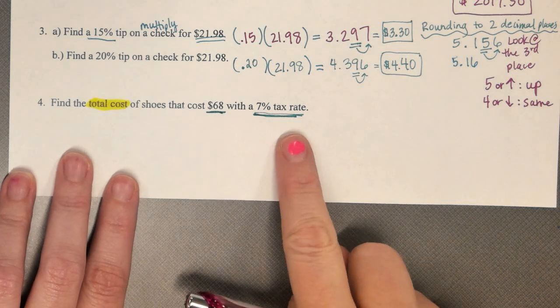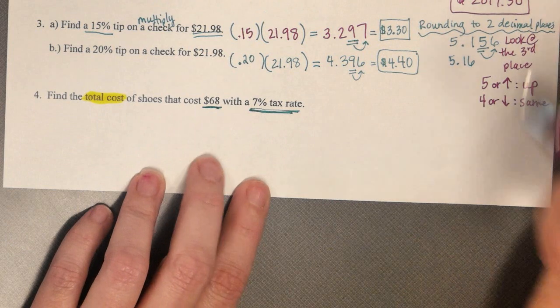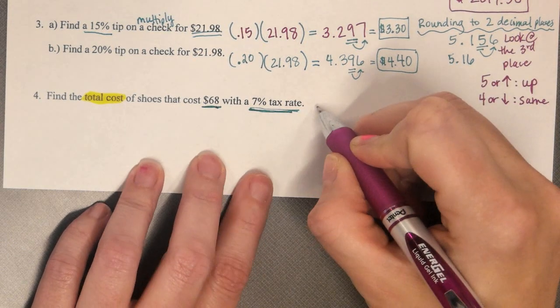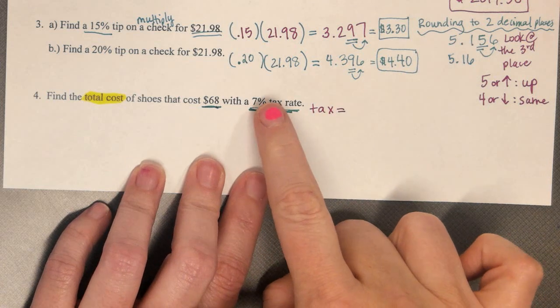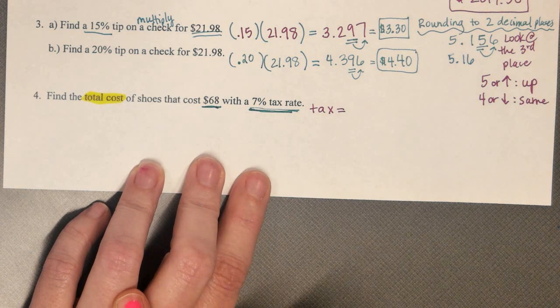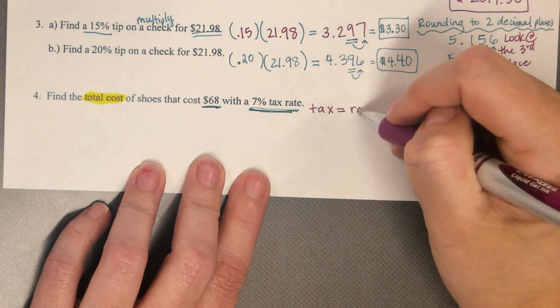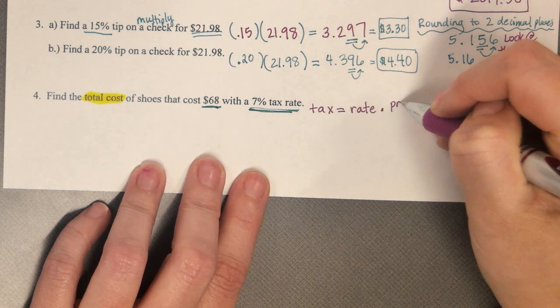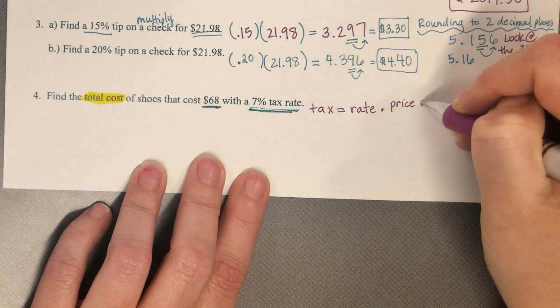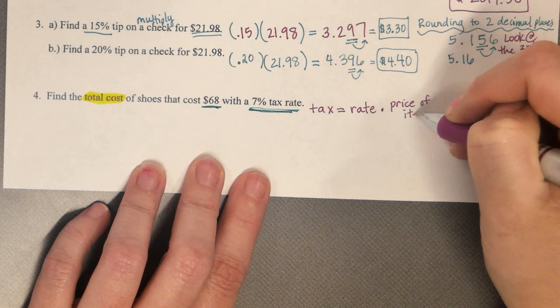So when you're trying to find the tax, the tax is going to have a rate. So see how it says 7% tax rate? The tax is calculated by the rate times the price of whatever you're buying. So we're going to say the price of the item.